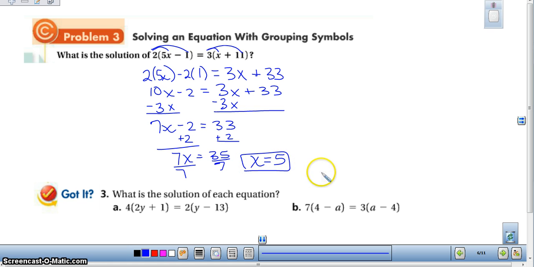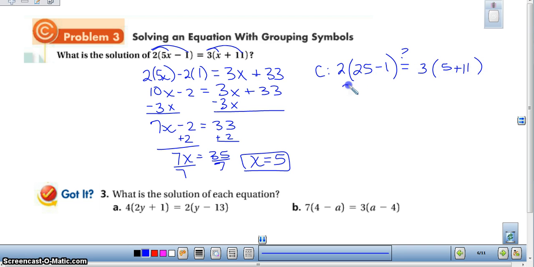Now the last problem we didn't check, so we always want to make sure we do the check. 2 times 5 times our value of 5, x is 5, so 5 times 5 gives us 25 minus 1. The question is, is that the same as 3 times 5 plus 11?